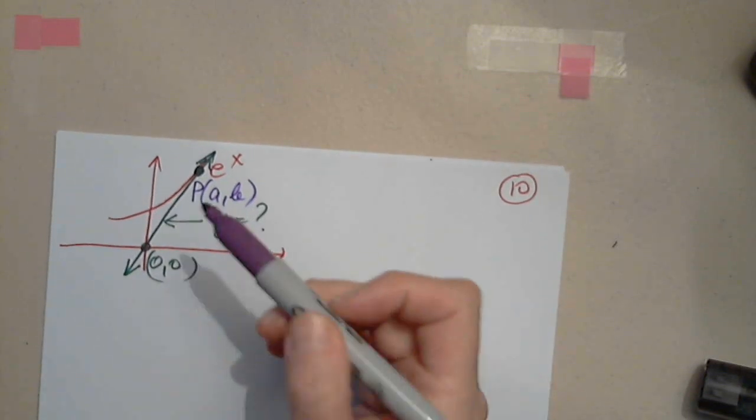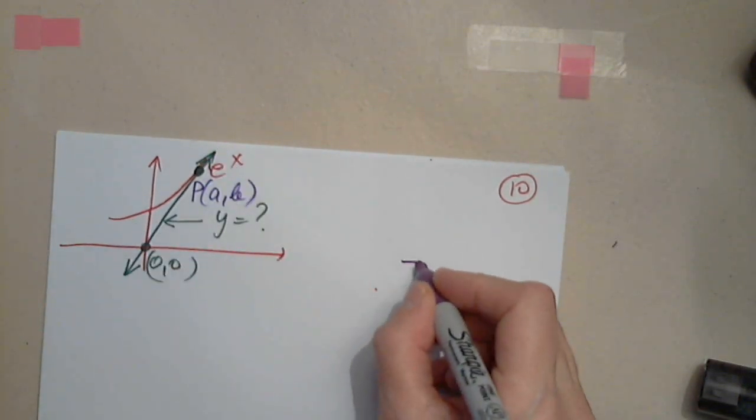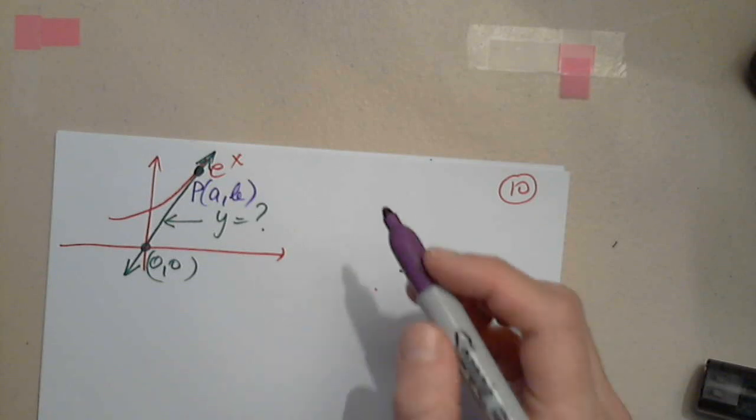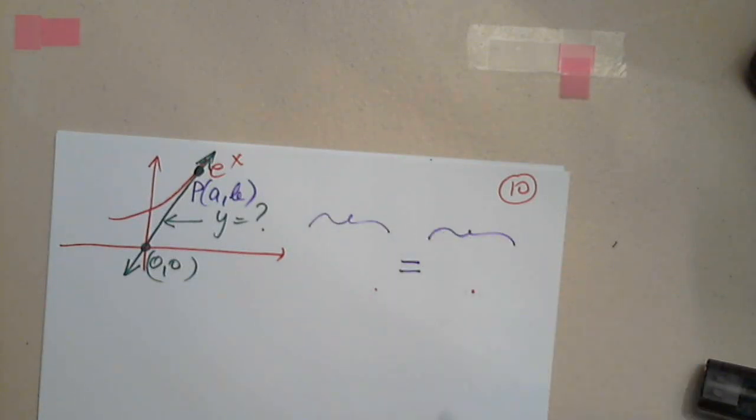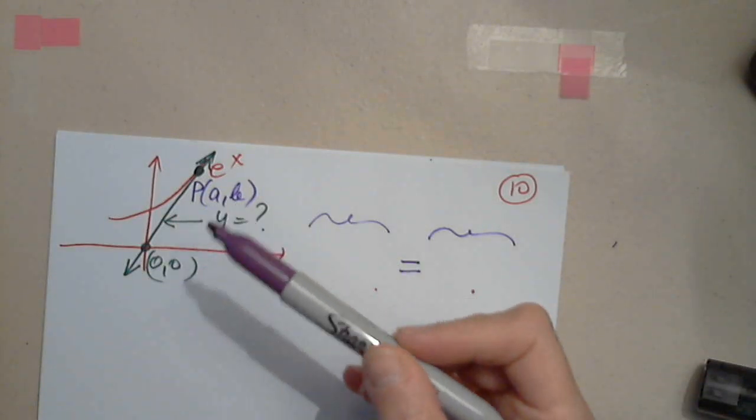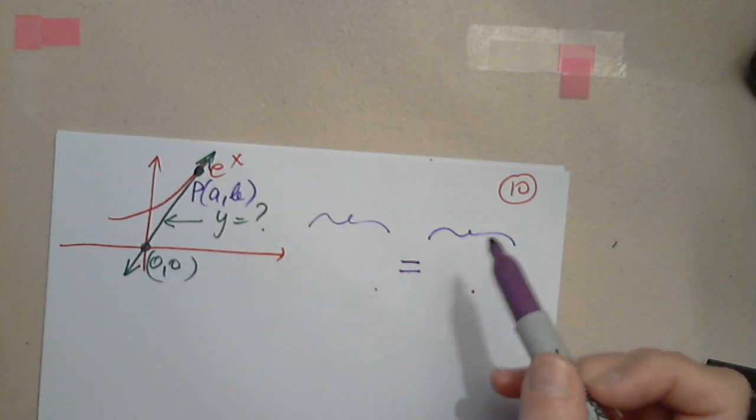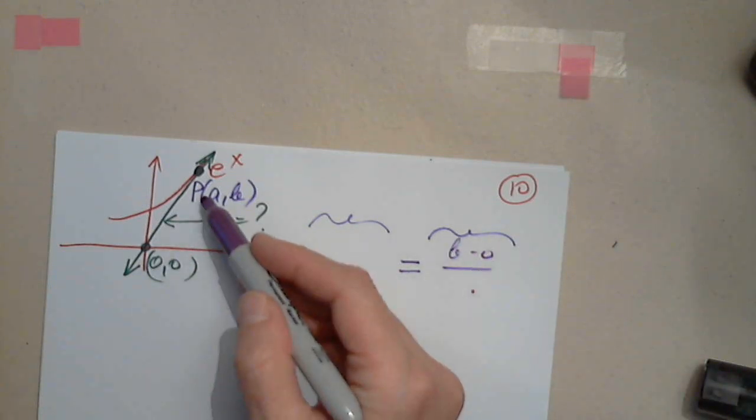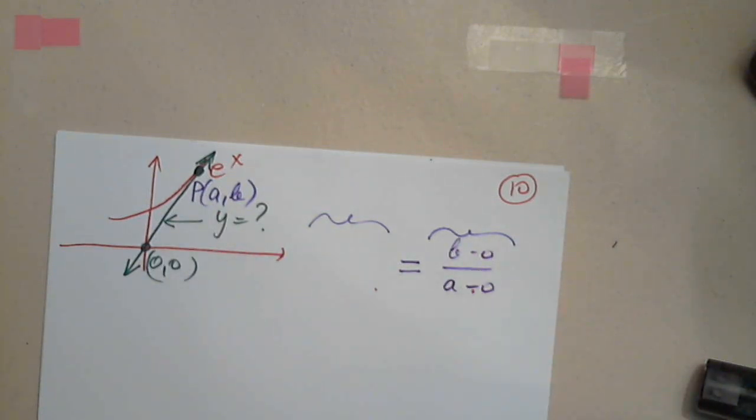And the slope of this line can be determined in two different ways. Give me one way and the second way. The change in y over the change of x. Very good. Which means b minus 0 over a minus 0. That's one side.